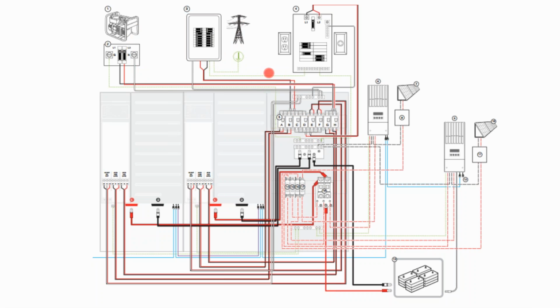One's coming in from the grid, and we're feeding the bottom with... here's our generator feed, and this generator feed is coming up and going through the inverter and back out again into the service panel bus bar.